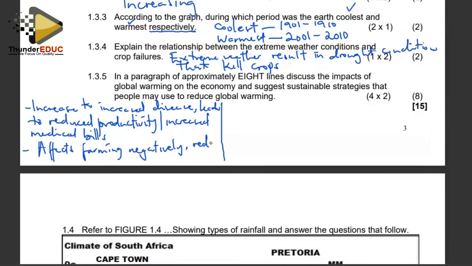It reduces the income of farmers. Or we can say it causes an increase in food prices. Food prices are going to be high because there is a scarcity of food commodities because of the effect of global warming on agriculture.